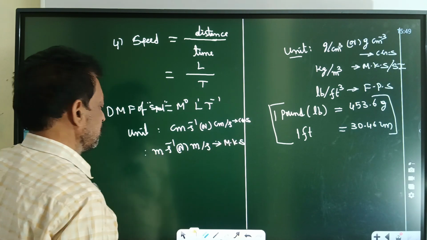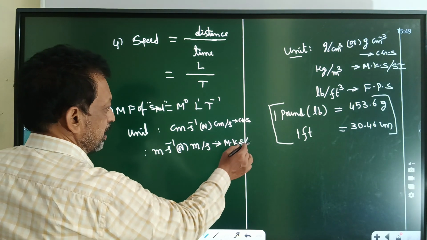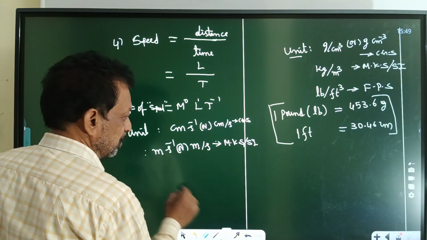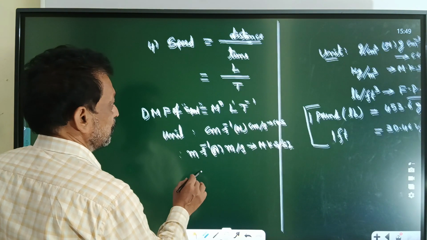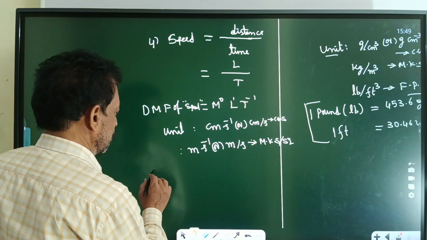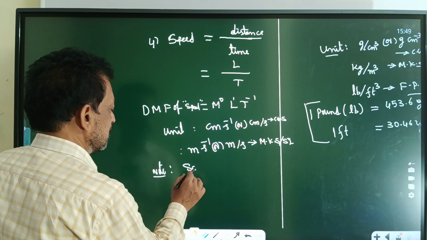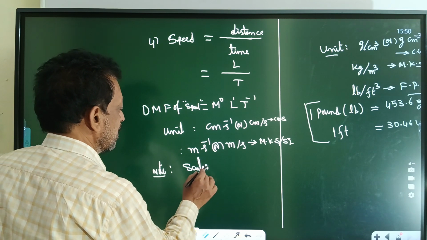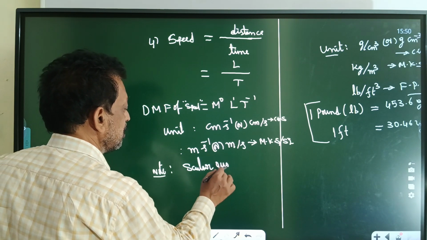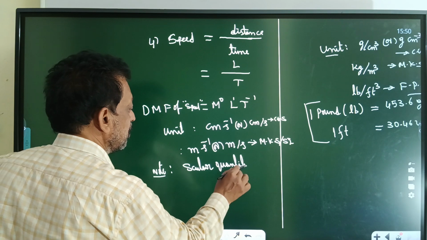So no need of FPS. SI system also. Speed is a scalar quantity.